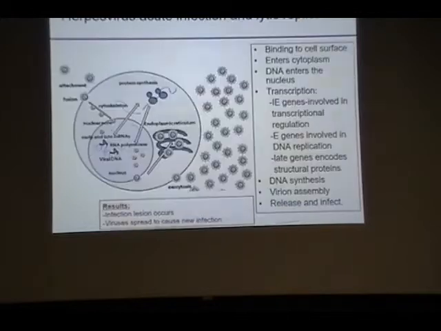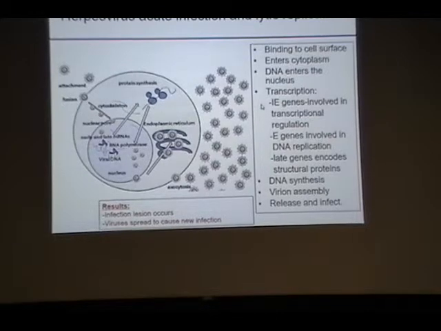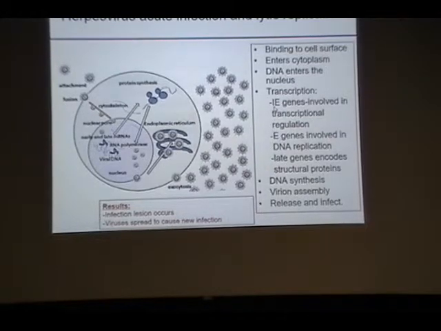Okay. So once the DNA is in the nucleus, it will start to express the various genes. The first viral genes that are expressed are called immediate early genes, or IE genes.